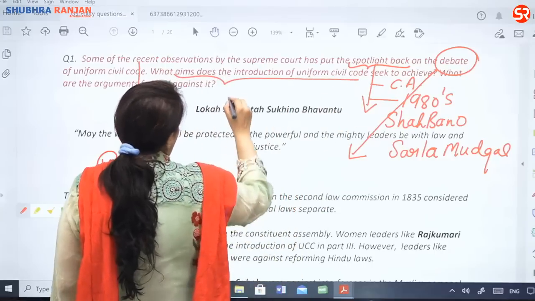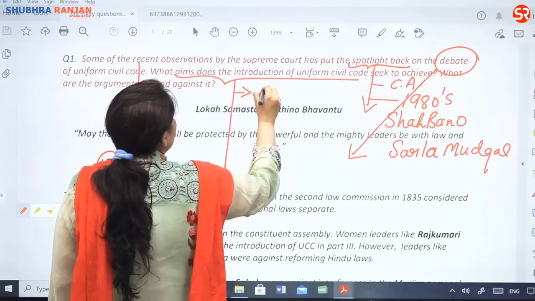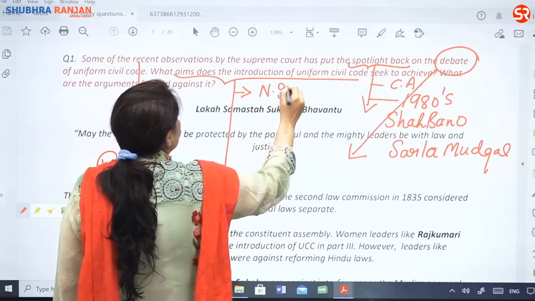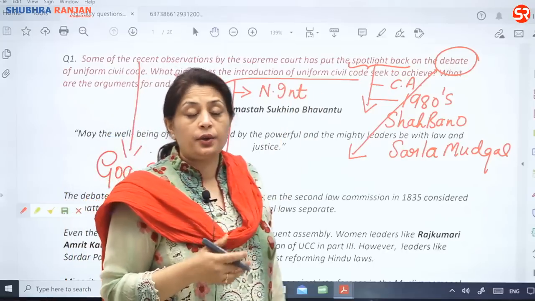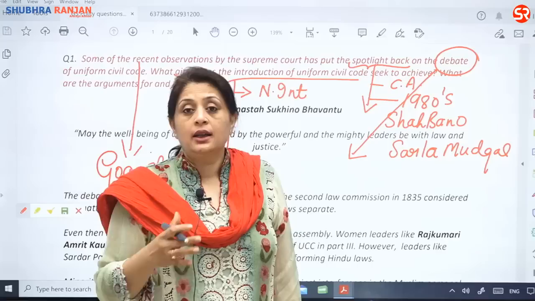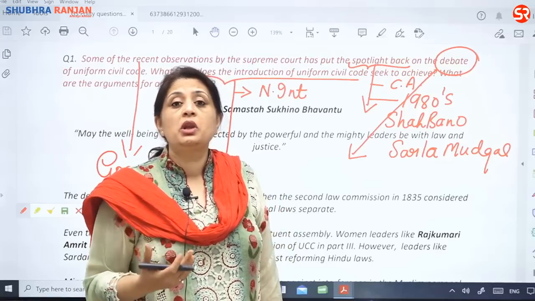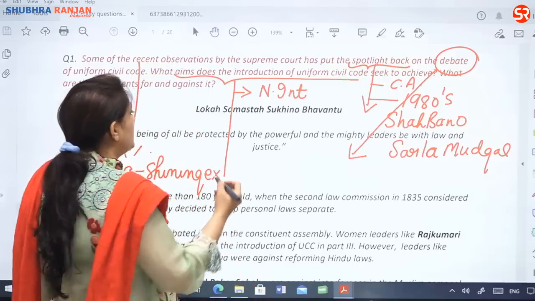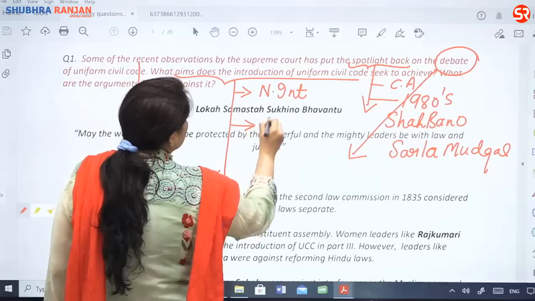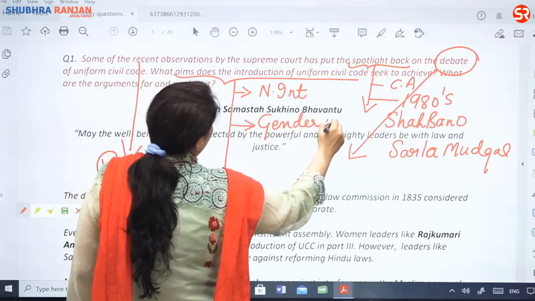And what aims do those who support the uniform civil code have, and what are their arguments? The first argument is the national integration argument, that it will result in minorities gradually getting assimilated into the wider Indian identity. The second argument is the gender justice argument.